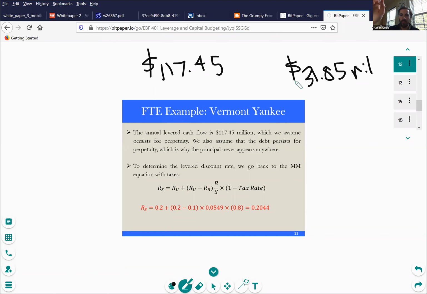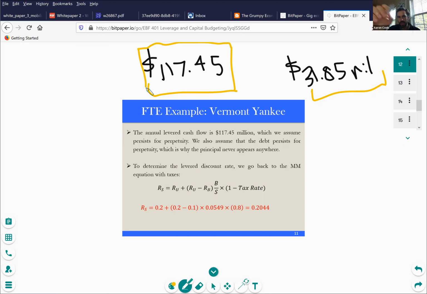So one key piece of this method is that this debt, this 31.85 million, is actually never going to appear anywhere in the net present value calculation. You pay for the debt in terms of the interest payments that you make on that debt, which are captured entirely by the levered cash flows.